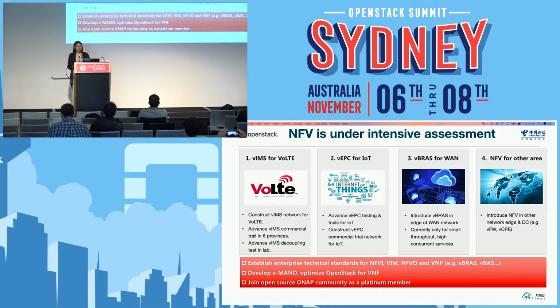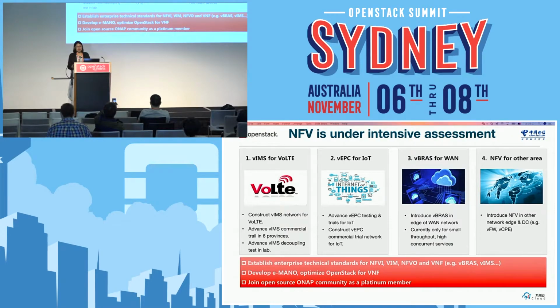Compared to cloud, NFV in China Telecom is still in its early stage, but we are already advancing NFV in many areas, including vIMS for routing, vEPC for IoT, and vBase for WAN, and other NFV such as vCPE for network edge, and vFirewall and vLB in data centers. We are constructing the world's largest vIMS network now.